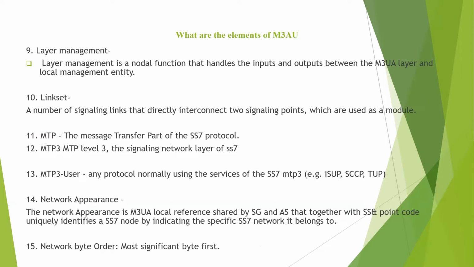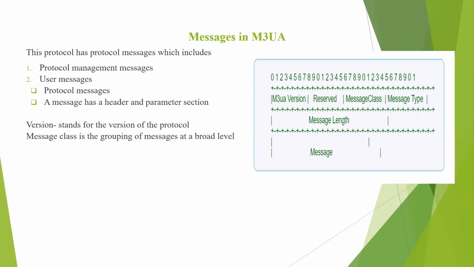Layer management, a node function that handles the input and output between the M3UA layer and the local management entity. We have the link set, a number of signaling links that directly interconnect two signaling points, and more other elements in M3UA.